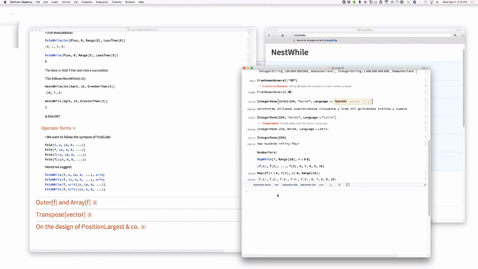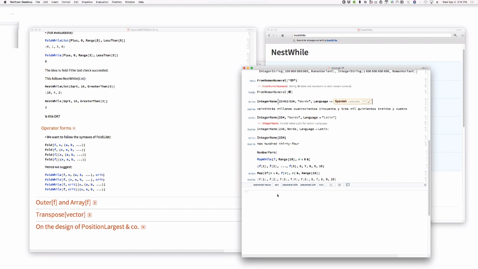Well, anyway, okay, but back to the FoldWhile case. I'm a little concerned that we might... while everything. Although clearly NestWhile is clearly applied to the result.